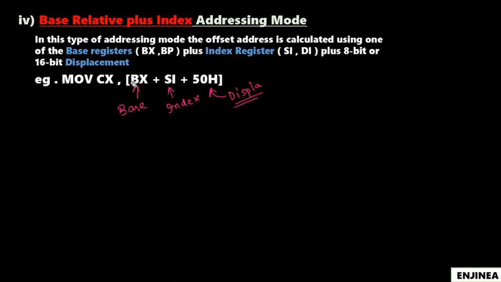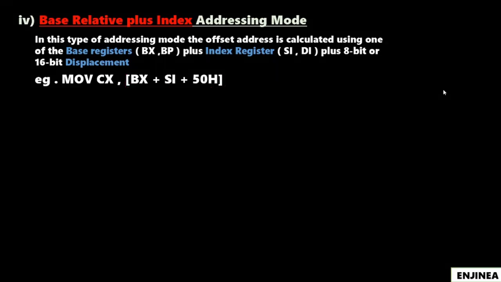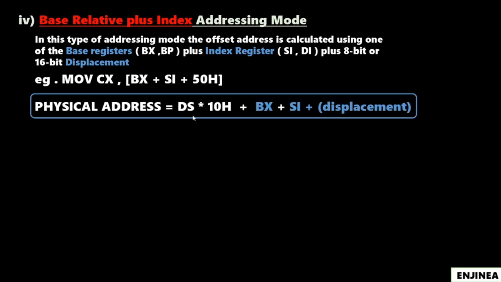And since this is a kind of indirect addressing mode, it is written inside these brackets. So the physical address will be calculated as DS into 10H plus BX, which is given by the BX register, plus the offset address, which is given by the SI register, plus the displacement, which is 50H in this case.